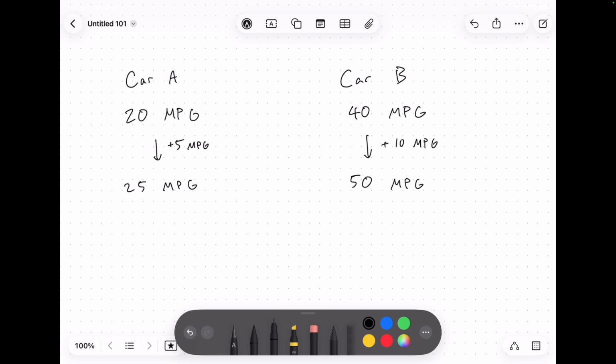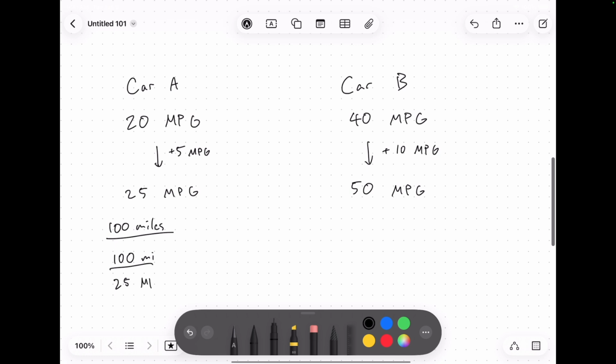Okay, so if I were to drive 100 miles, then the amount of fuel savings I would get is 100 miles divided by 20 mpg minus 100 divided by 25 mpg. Actually, I should do it the other way around. 25 mpg minus 100 divided by 20 mpg.